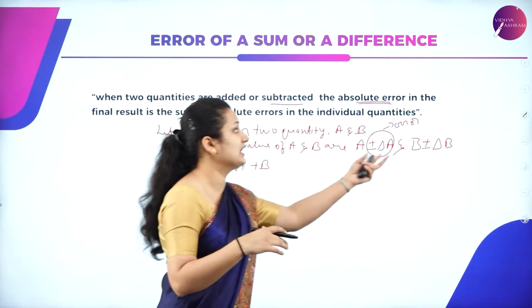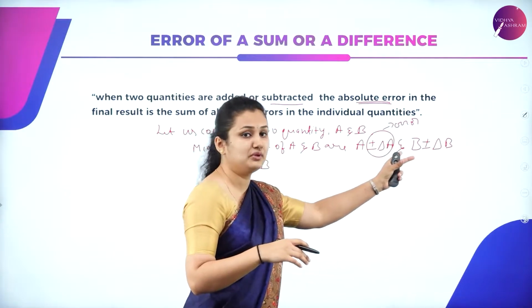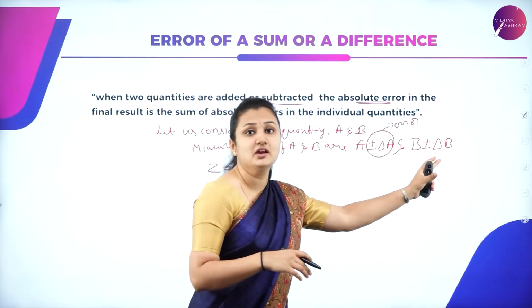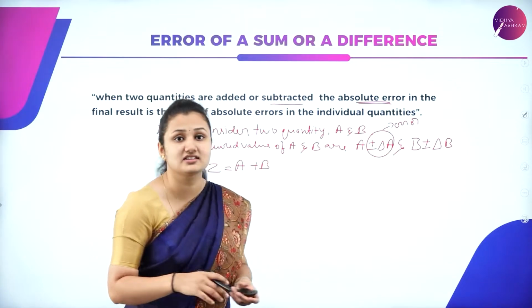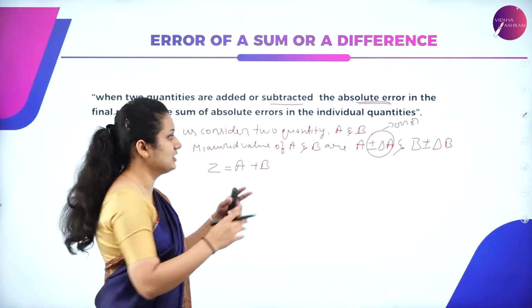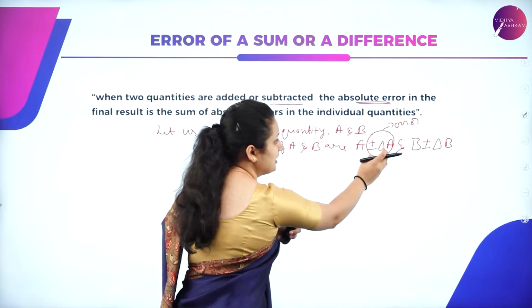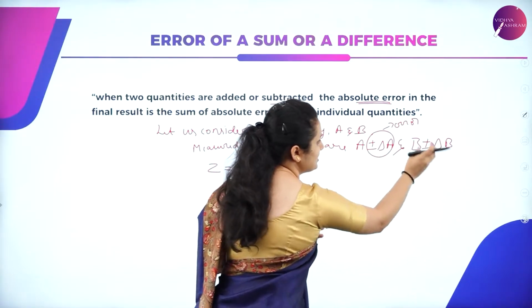And I am measuring the second quantity B. The measured value of B will be B plus or minus delta B, again the error in my quantity. The measured value plus its error.